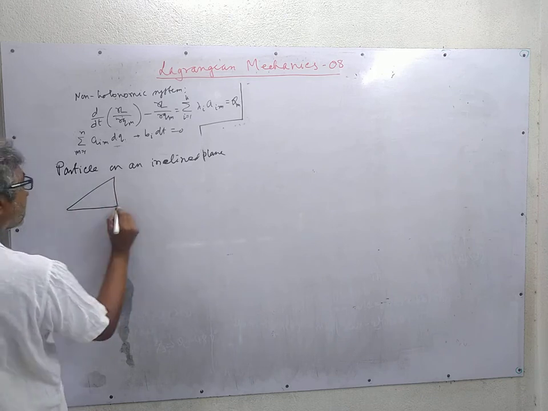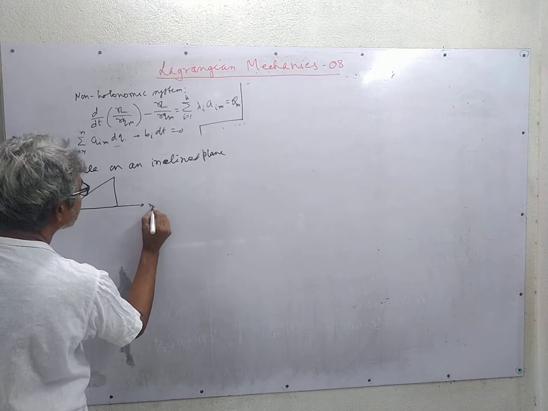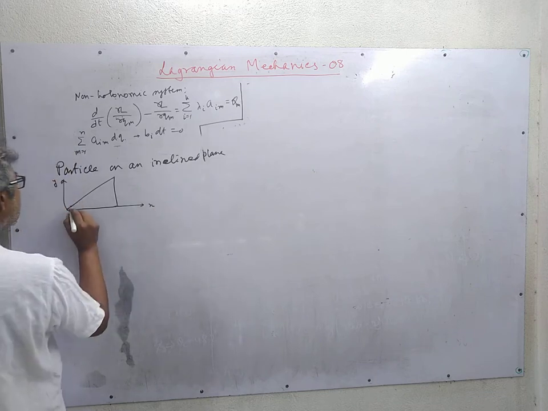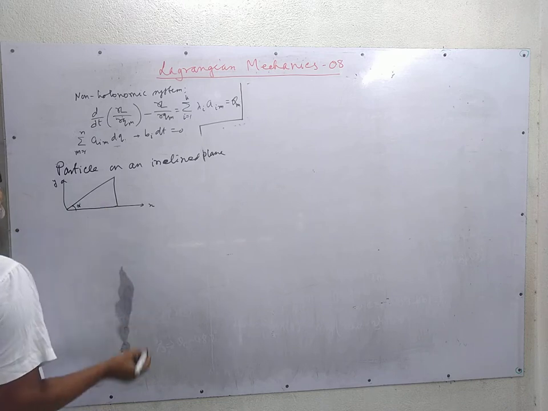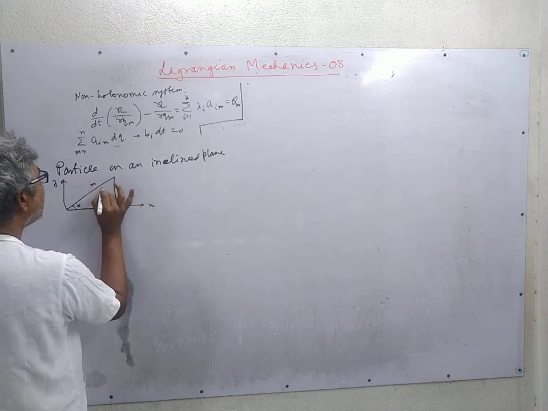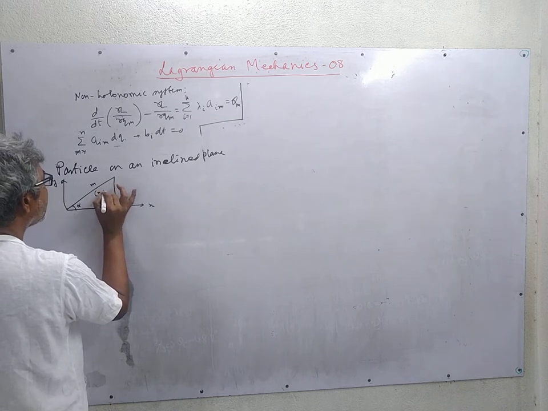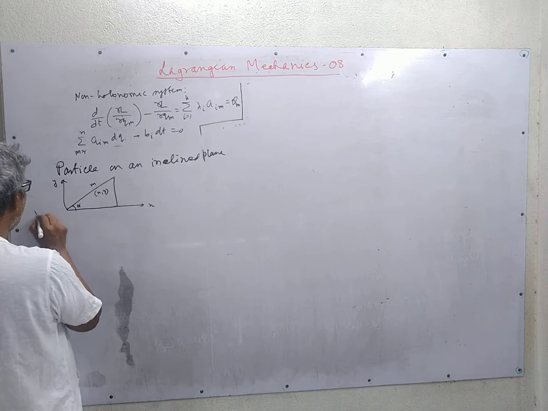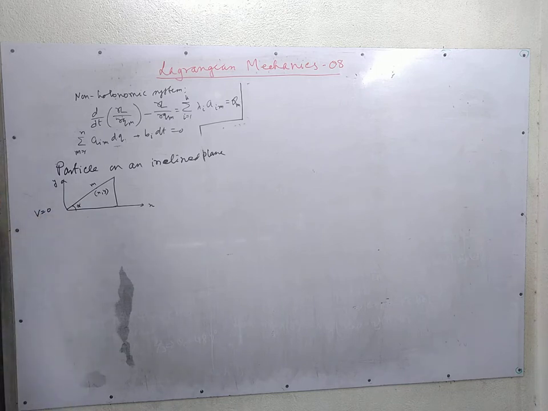So we choose our coordinate system. This is the x coordinate, this is the y coordinate, and this angle is alpha. The particle M is over here having coordinates x, y, and this x equal to 0 level is also chosen as the zero level of gravitational potential.